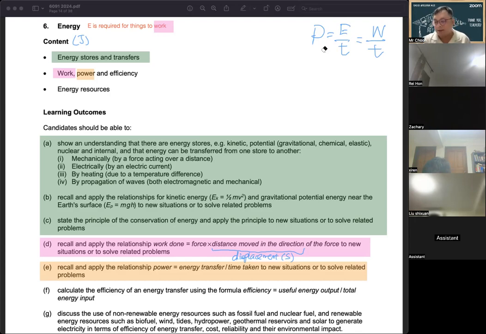If you are going to use up more energy in 1 minute compared to another person using less energy in 1 minute, are you more powerful or less powerful?